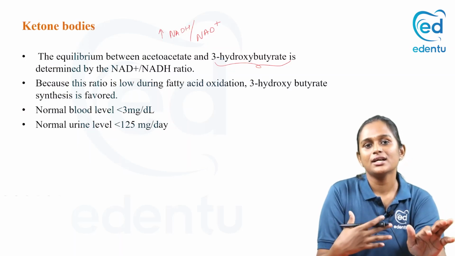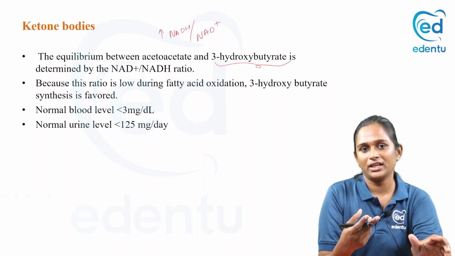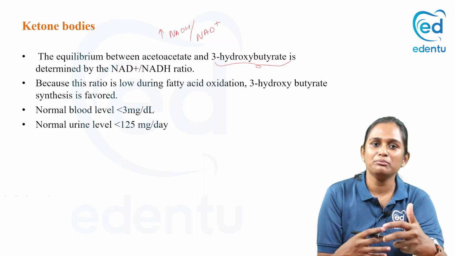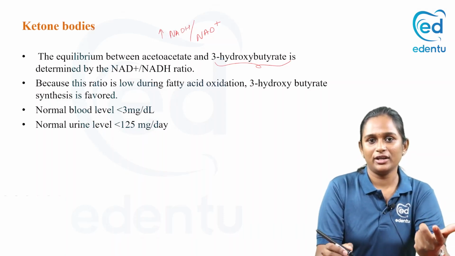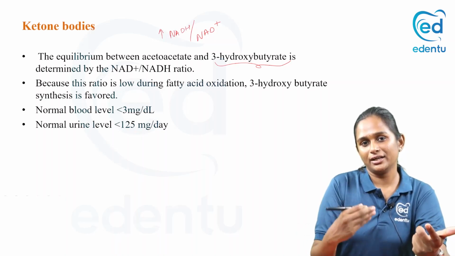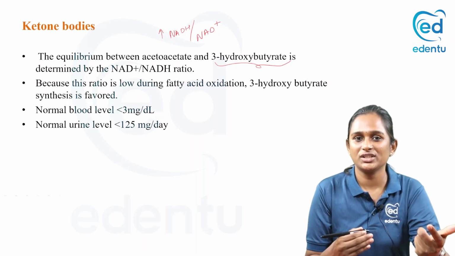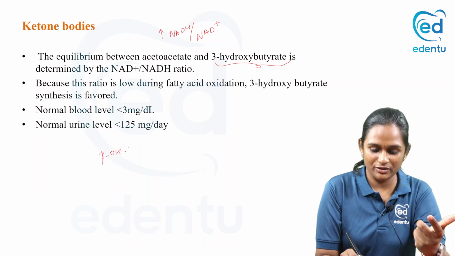When the fatty acids are getting oxidized, we know one NADH and one FADH2 is generated. So there will be more NADH when the fatty acids are getting oxidized. In that case, the final product formed via ketogenesis is beta hydroxybutyrate.